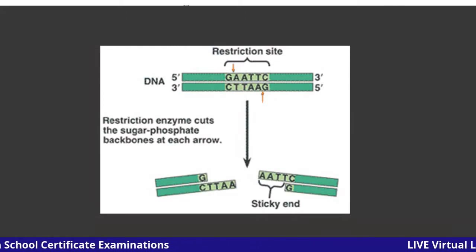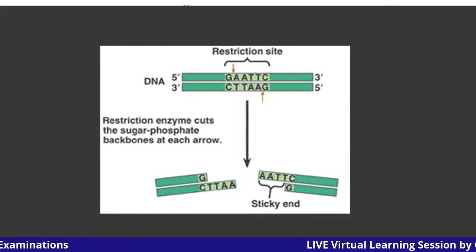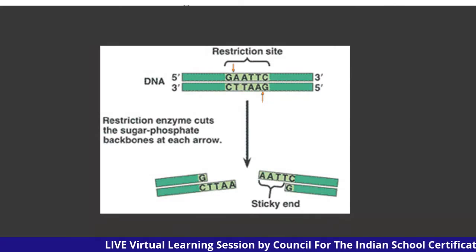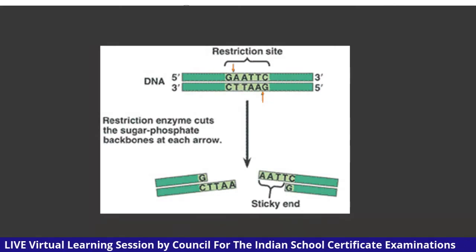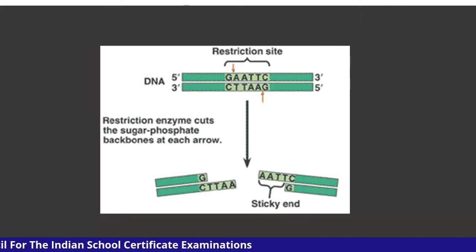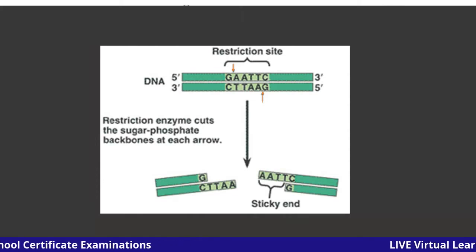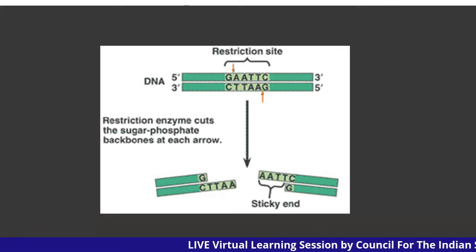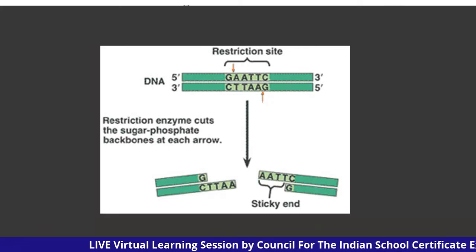Now it cannot cut across like a transverse section because this is not 5 prime GA. On this strand it is 5 prime GA. So on the other, complementary strand, this will be 5 prime GA. So the cuts are made here on one strand and here on this strand.